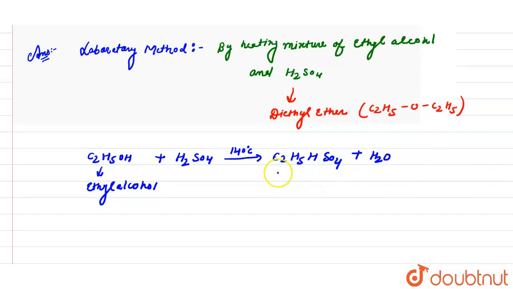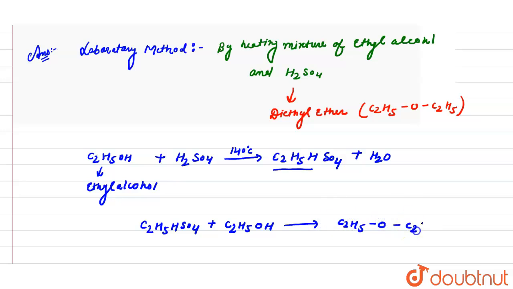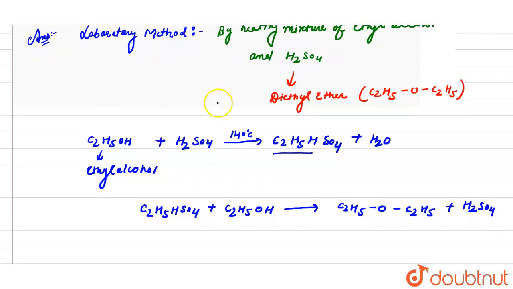Then this compound, C2H5HSO4, when it reacts with C2H5OH, that is ethyl alcohol, forms diethyl ether, C2H5OC2H5, and sulfuric acid, H2SO4.